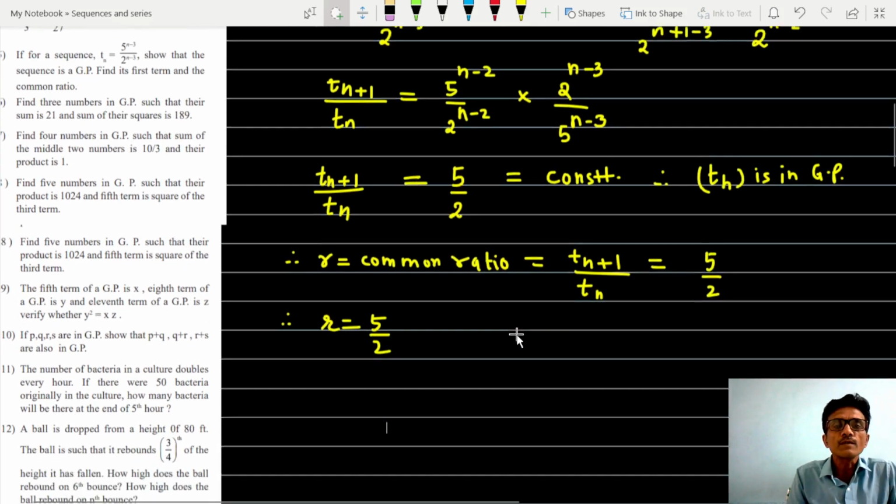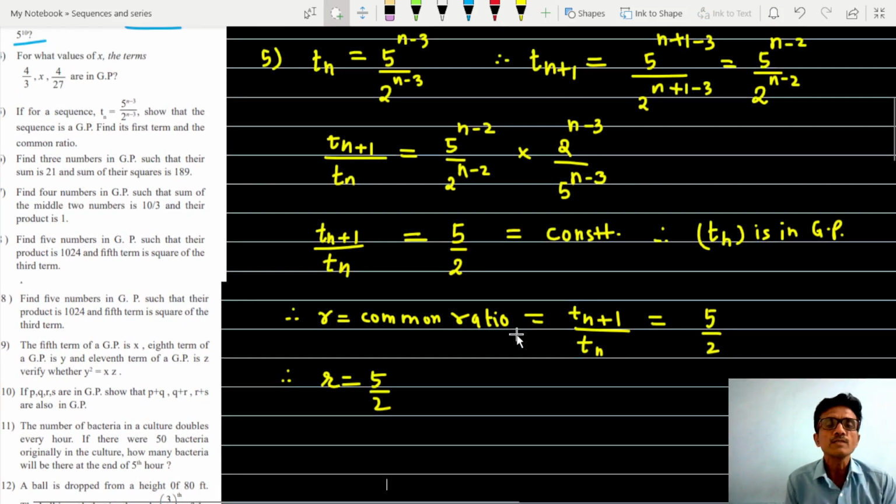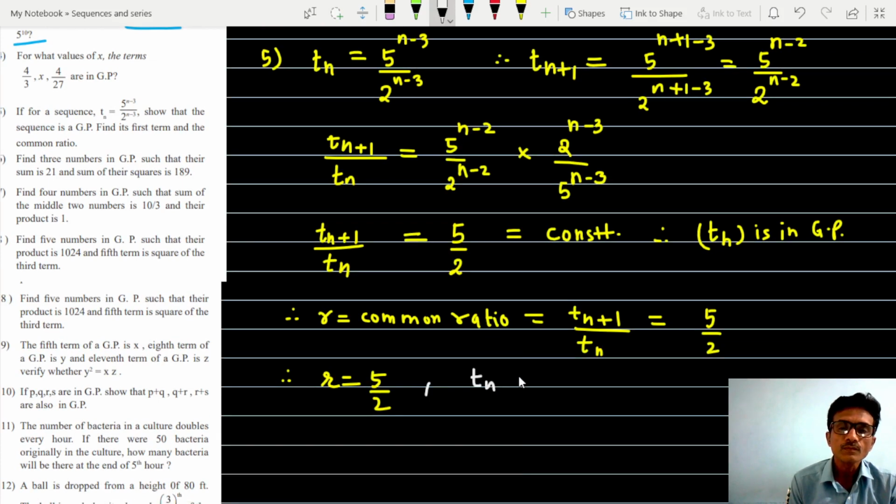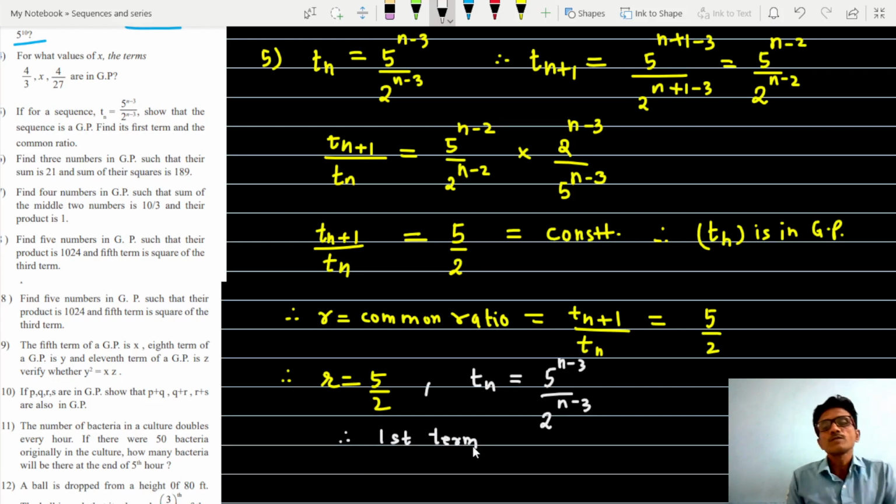The nth term is given. If we put n equal to 1, it will be the first term. Here the nth term Tn is equal to 5 raised to power n minus 3 upon 2 raised to power n minus 3. Therefore first term is T1.